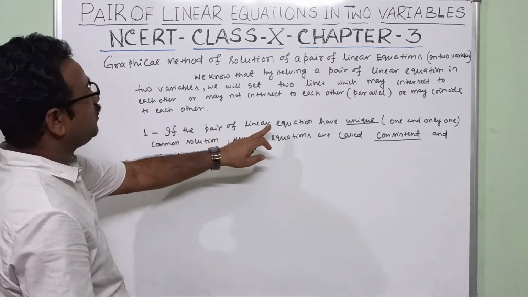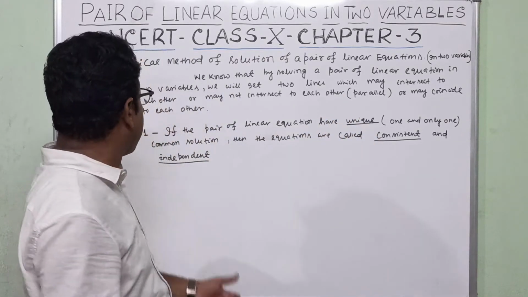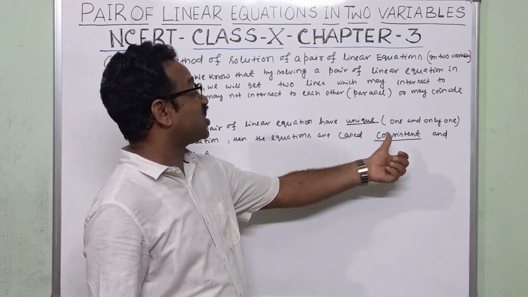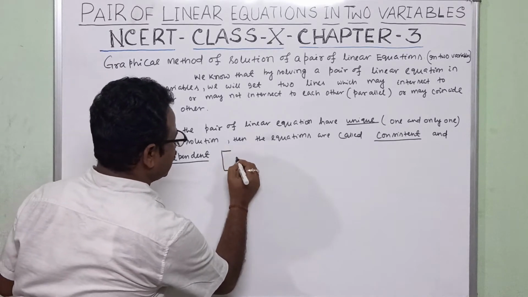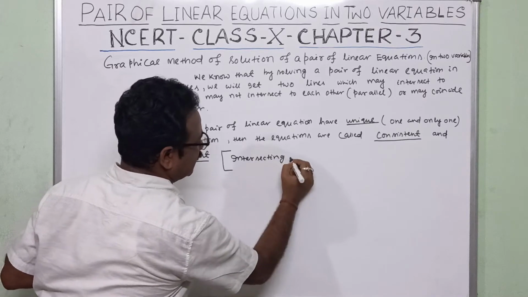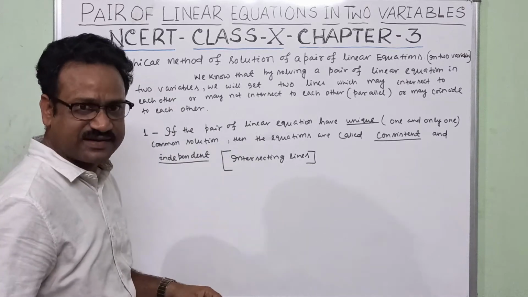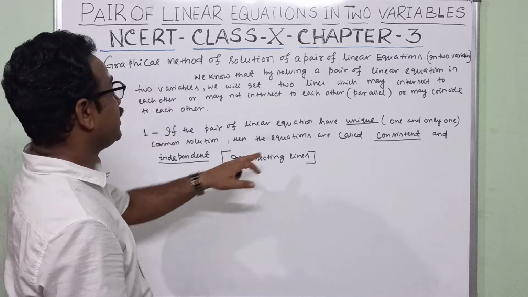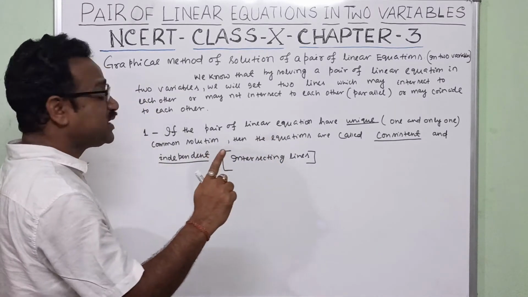If the pair of linear equations have a unique, one and only one common solution, then the equations are called consistent and independent. Which case? That is your intersecting lines. Intersecting lines have consistent equations, and they have one common solution.